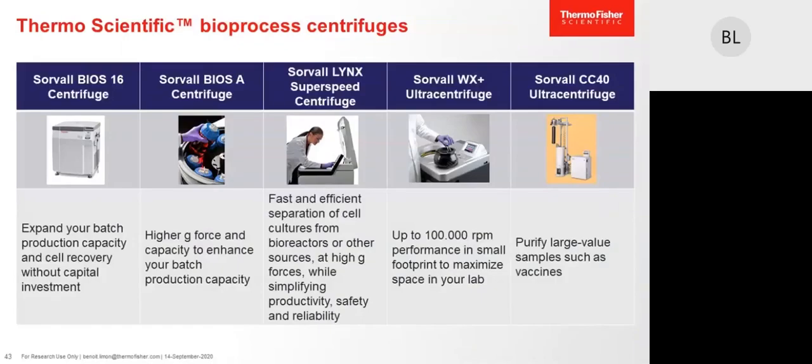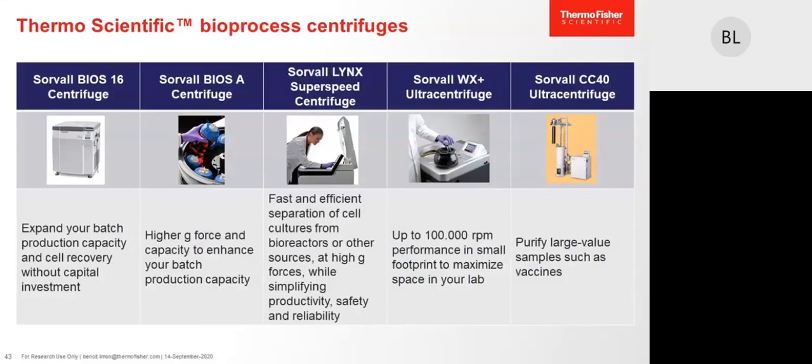The BIOS 16 is the harvest machine to expand your batch production capacity and the cell recovery without a capital investment. The BIOS A machine is providing a higher G-force and capacity to enhance your batch production capacity.